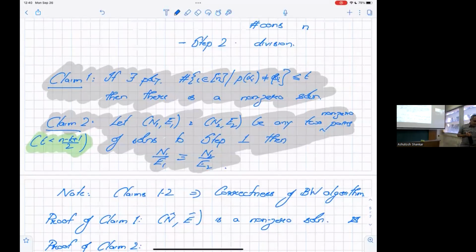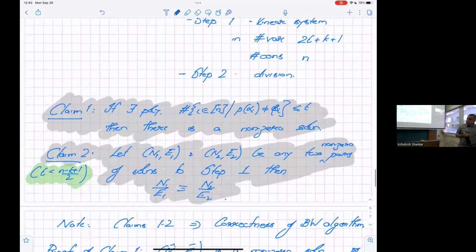I want to stare at this a little longer. I want to claim that claim 2 proves something stronger. You have shown that n hat, e hat is a solution. What it actually proves is that any e that it outputs is a multiple of e hat. Why does it prove that?